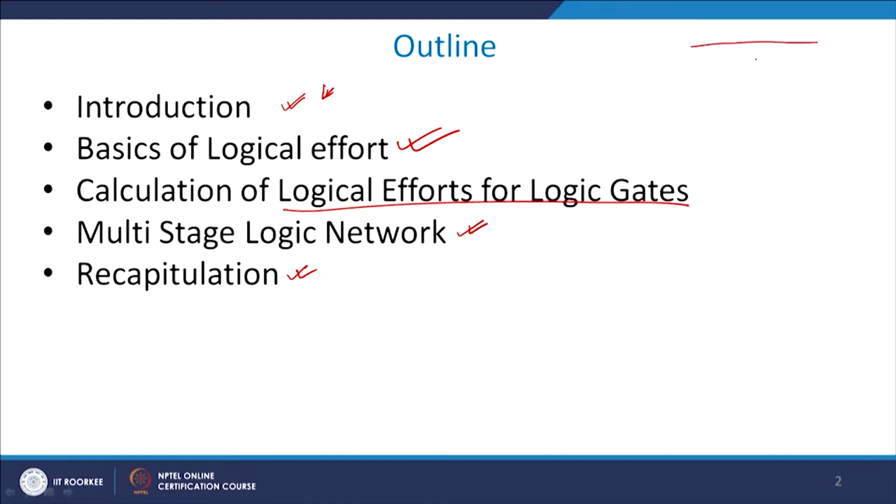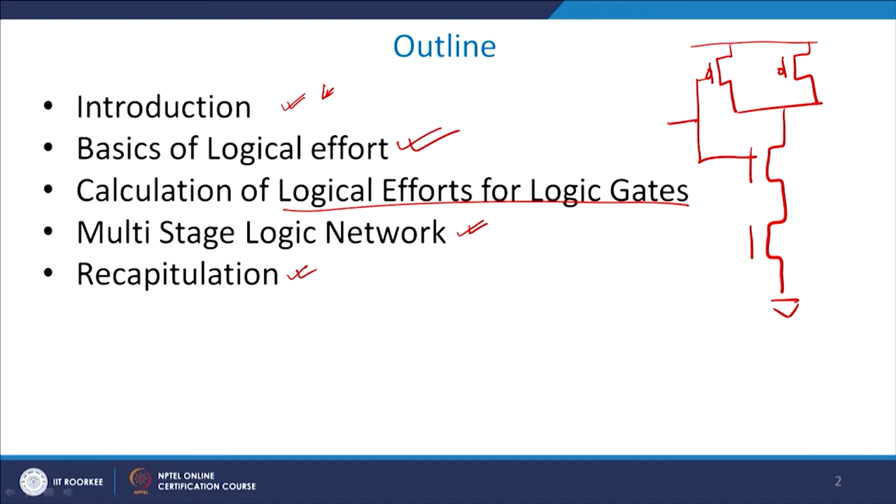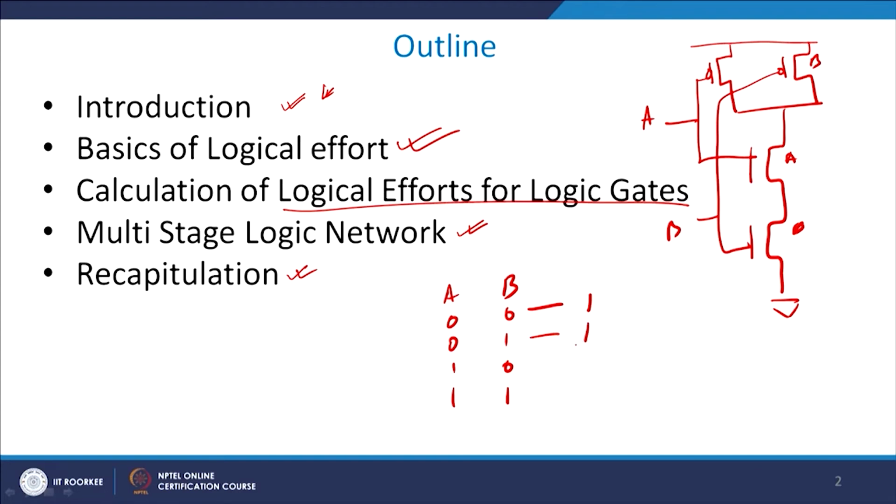For example, if you have a gate which is something like this, which is basically a 2 input NAND gate, right, and this is A and this is B. Then if you put A and B as your inputs, then for 0 0, since both A and B are 0, output will be 1, when either one of them is 1, output will still be 1, and when both are 1, output will be 0.